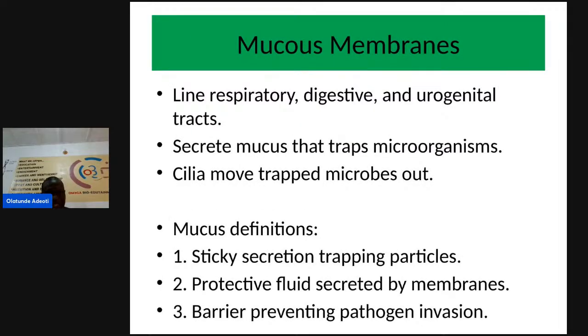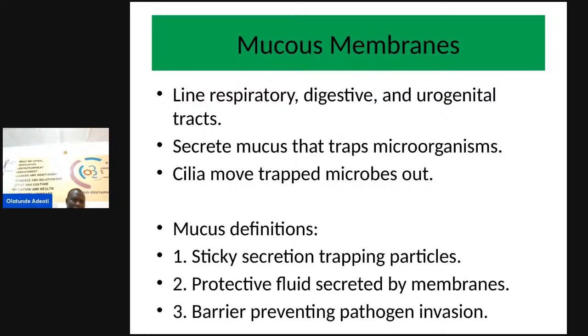Okay. Now the second aspect of the physical barrier is the mucous membrane. How will the mucous membrane also play a certain role in defending the cell against the foreign body? So the first one is mucous membrane is found on the surfaces of the respiratory tract, digestive tract, and in the urogenitals.